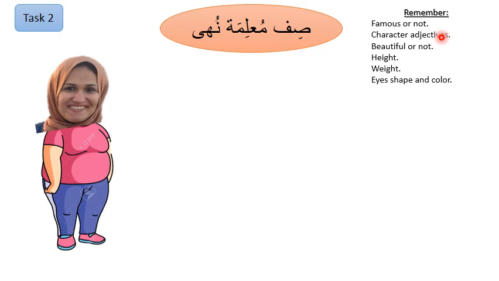What are the character adjectives that you can describe Miss Nuha? Remember, if you are describing Miss Nuha with all positive adjectives, you need to use wa. If you describe Miss Nuha with all negative adjectives, hopefully not, also use wa. If you're going to describe Miss Nuha, again hopefully not, with positive and negative adjectives, you are going to say لكنها, but she is. You say whether Miss Nuha is beautiful or not.